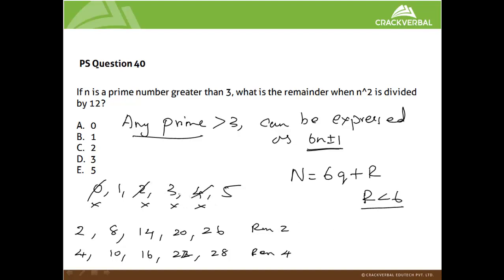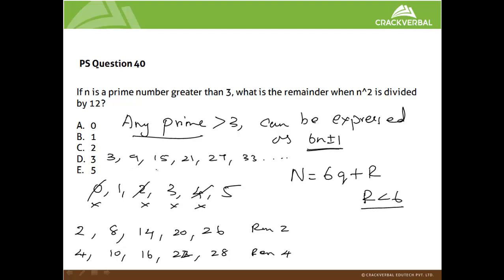So what about 3? If the remainder we get is 3, then the number has to be divisible by 3. For example, the numbers which leave the remainder 3 when divided by 6 are 3, 9, 15, 21, 27, 33. Just write a few values and you'll get the pattern.